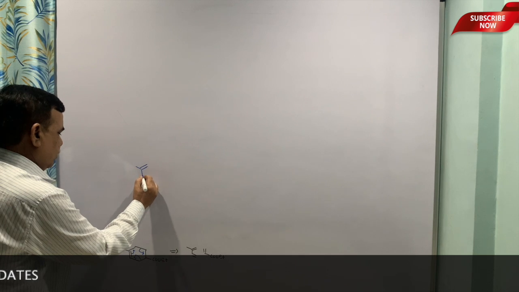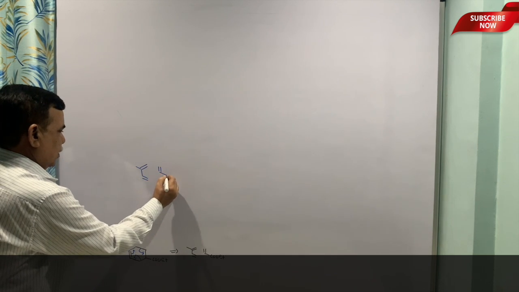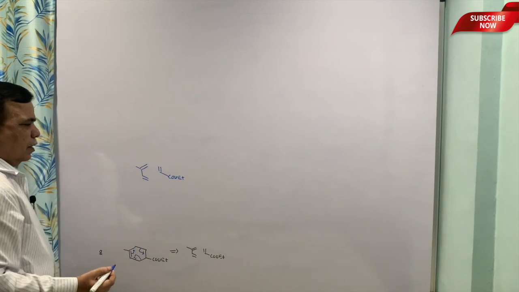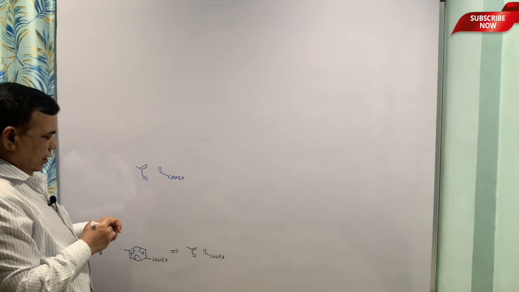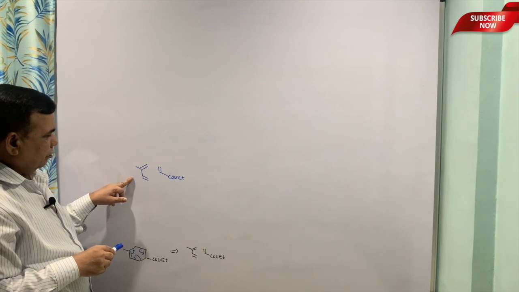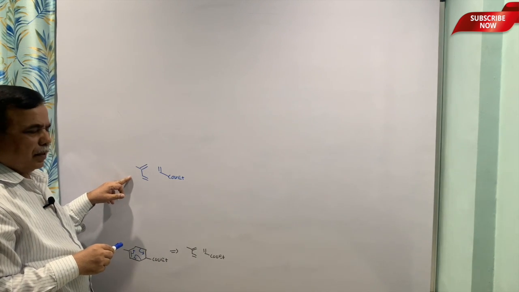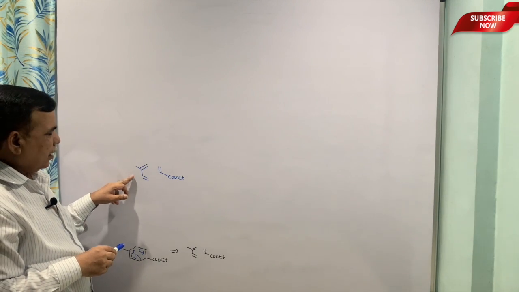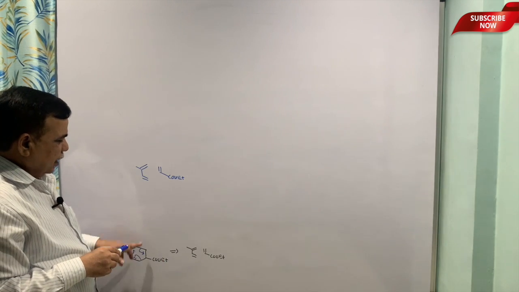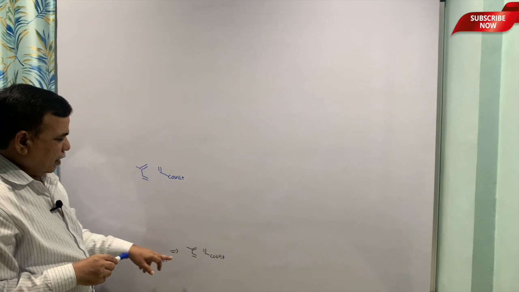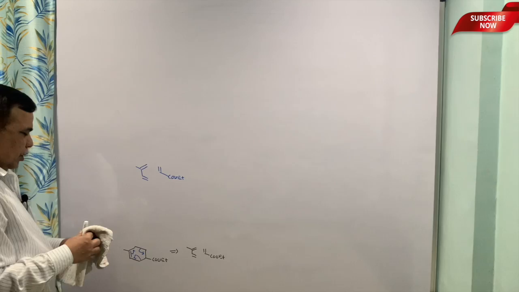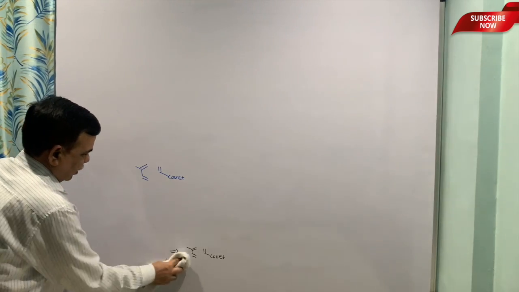So what we have, this is vinyl ester, this is isoprene which is available in nature, add, you get this. Now this is a retro Diels-Alder approach, and forward reaction is Diels-Alder reaction. That is how we are supposed to look at these kind of examples.